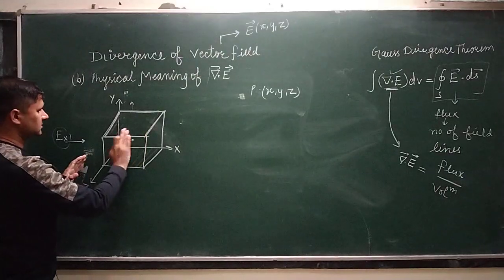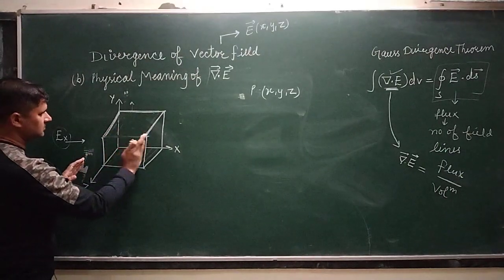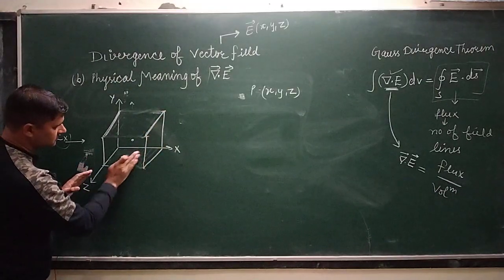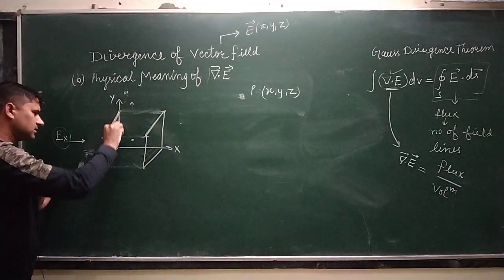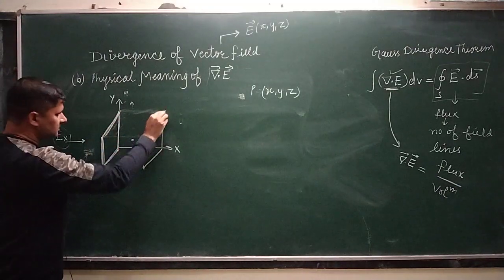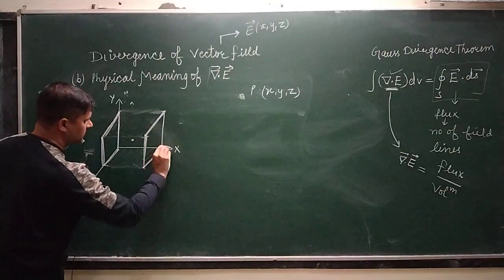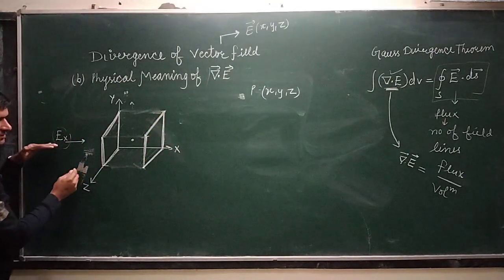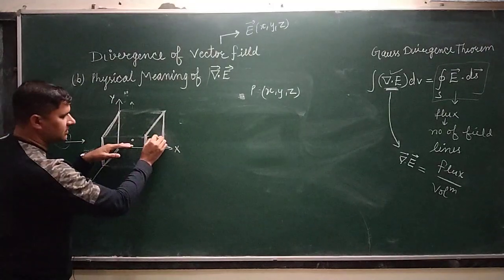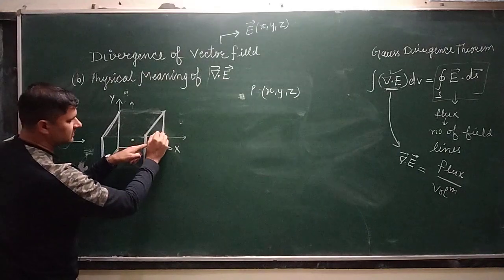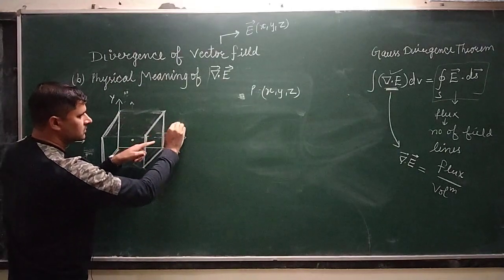One is this surface, and another surface is this one. The electric field at this face is towards the positive direction, and at this face the normal is along this direction.